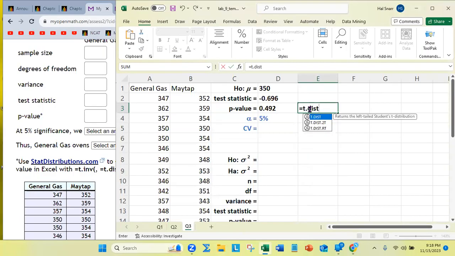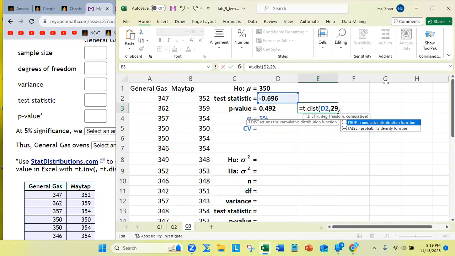T.DIST, and we're going to use this because the test statistic is the number on the number line. Notice it's negative, right? And this is a two-tailed test. So if this were positive, we'd want to make it negative, right? But since it's negative, we're just going to type it in as negative 0.696. The degrees of freedom here are 29 because we have 30 in our sample, right?